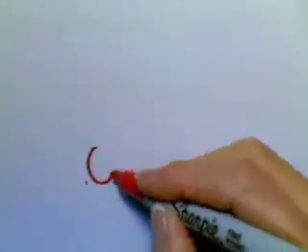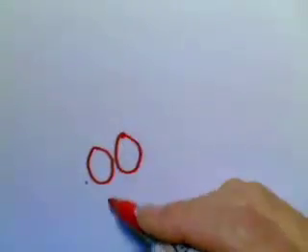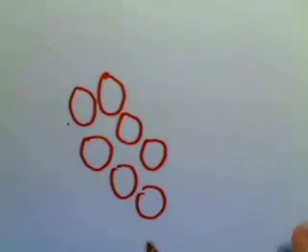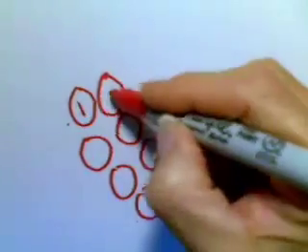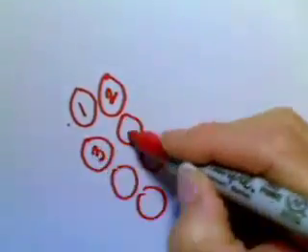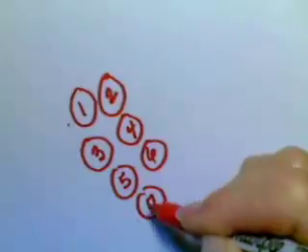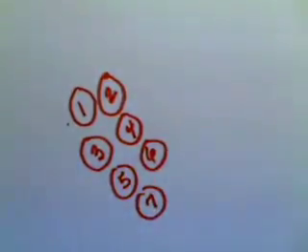So the simulation that you might do would be to take chips. You would need 7 chips, maybe of different colors, and put them in a hat, or maybe write on the chips the numbers 1 through 7.